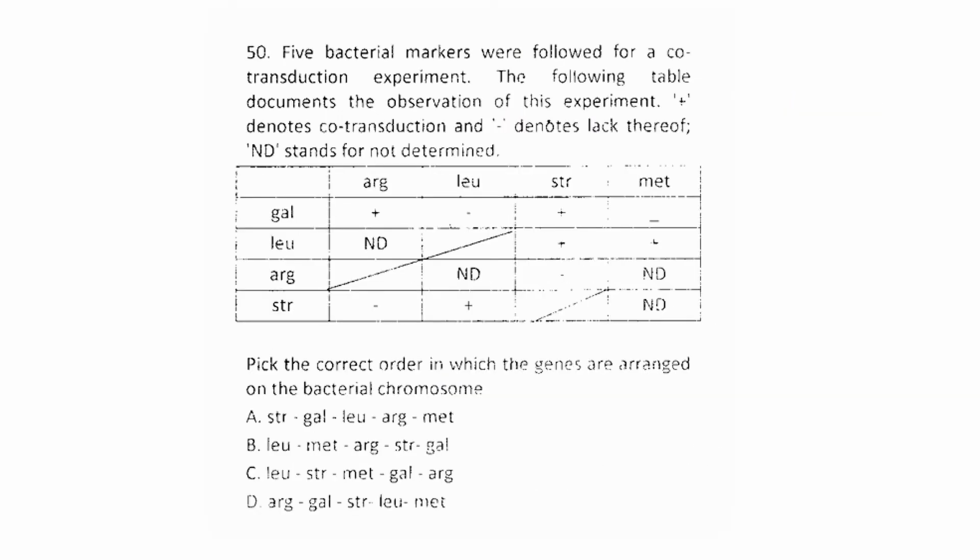Now the next question is: 5 bacterial markers were followed for a co-transduction experiment. The following table documents the observations of the experiment, where plus denotes co-transduction. It means that those two genes have been transferred together.